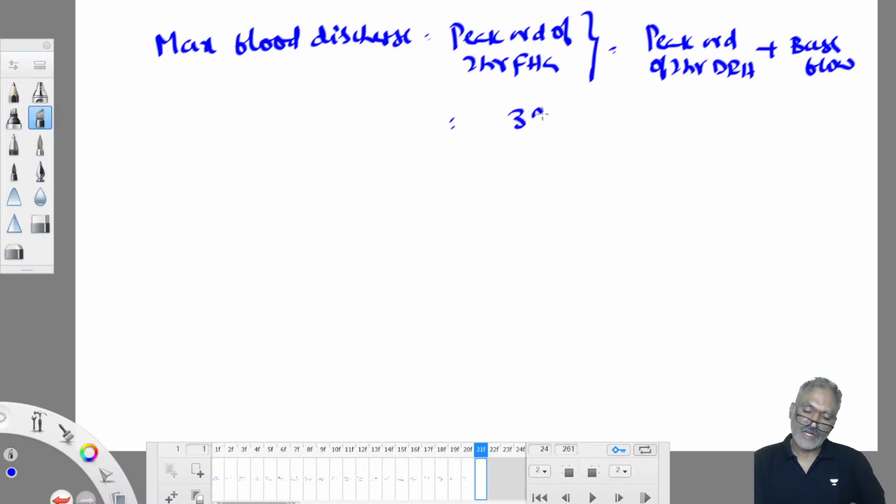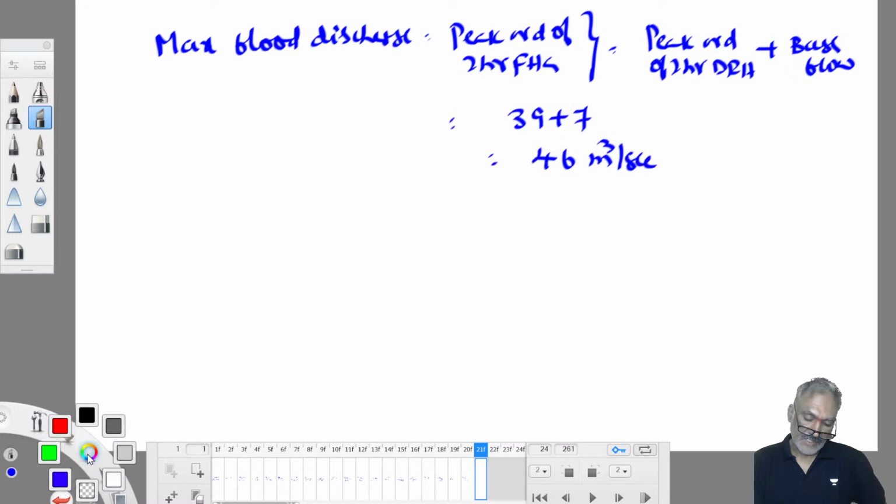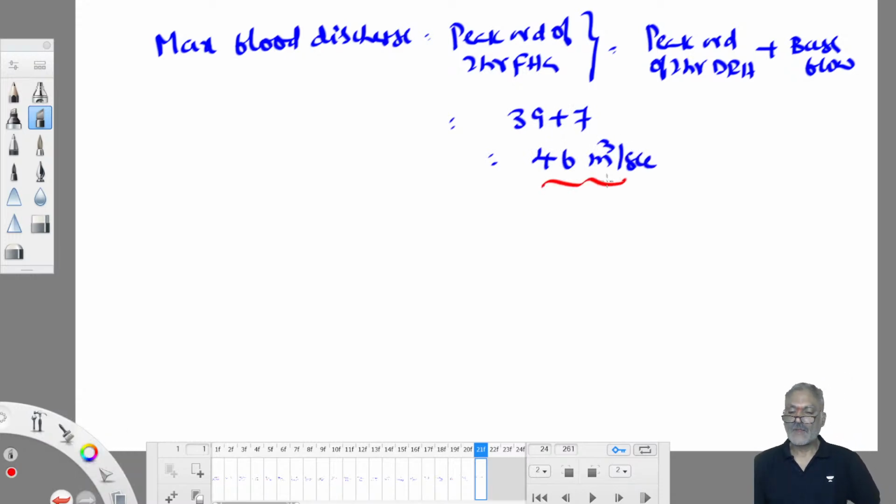So we got this 39, base flow is given in the question as 7, so it is 46 meter cube per second. That was the answer for the second question. Understood now? Very good, Deepak. Keep it up. So that's how we have to work it out.